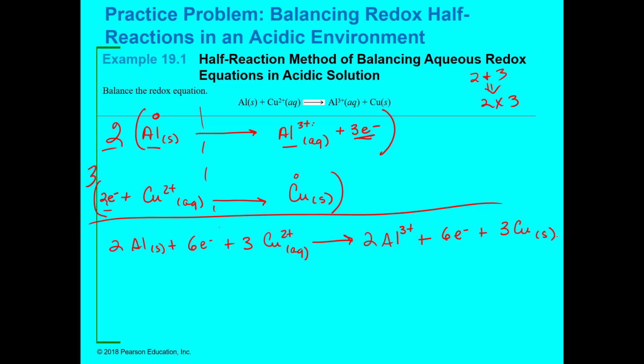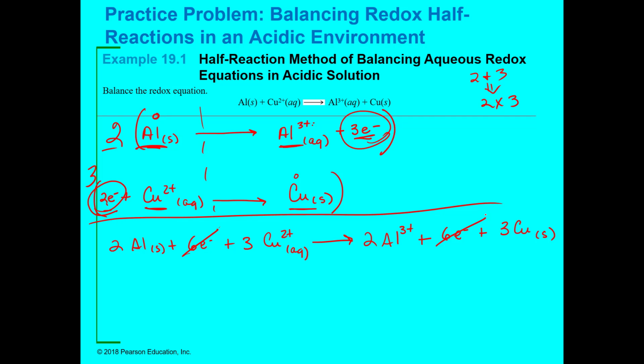So what I did was I had 3 electrons here and 2 here. I had already balanced my aluminums and my coppers, the weirdos, okay? So they were already good. But in order for me to have 6 electrons on each side of this, I had to multiply the top one by 2 and the bottom one by 3.